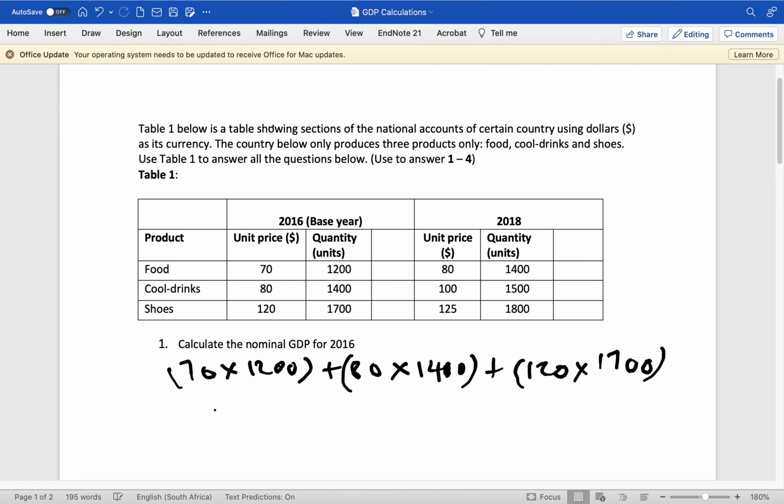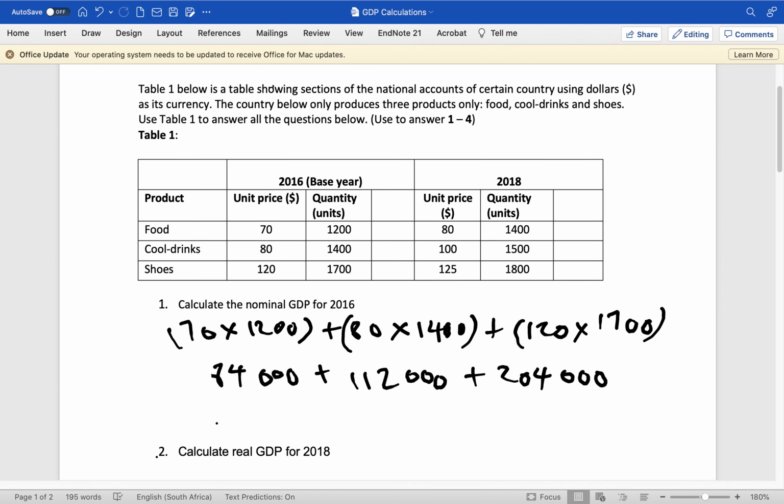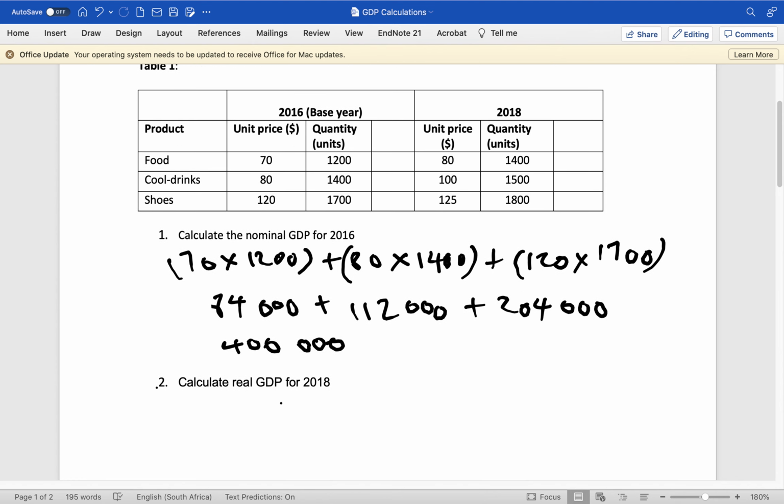So now 70 multiplied by 1200, we will get 84,000 plus 80 multiplied by 1400, it is 112,000 plus 120 multiplied by 1700, we should get 204,000. So now the final answer should be 400,000. Okay.